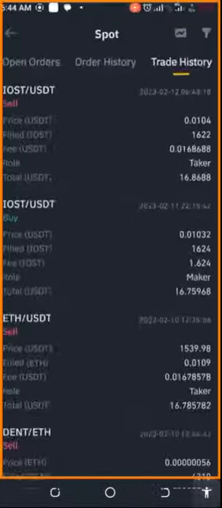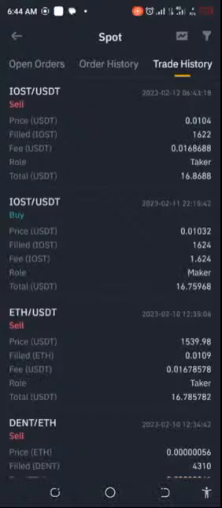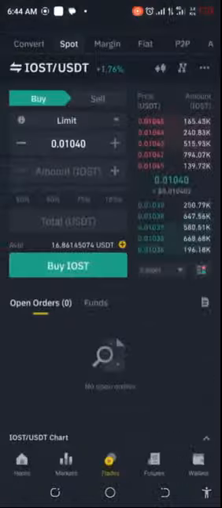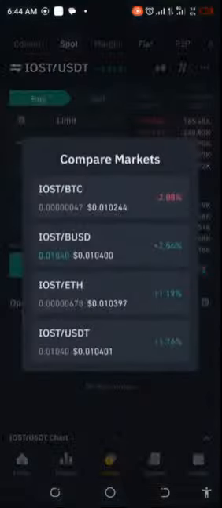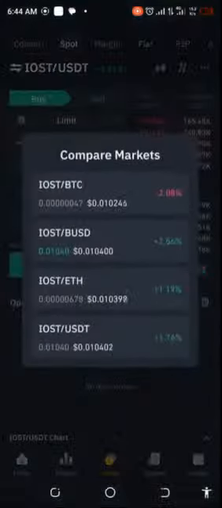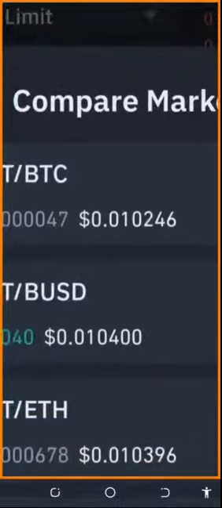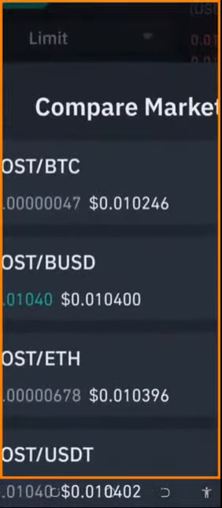Now, what were we supposed to have made, right, if we were still in the queue? Because just take a look at this. You'll see here what we were supposed to get the other time. Can you see that IOST BTC is 0.0102? It was supposed to be 0.0104, almost the same value as what we're doing now.